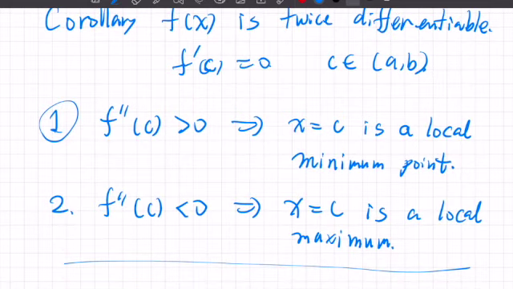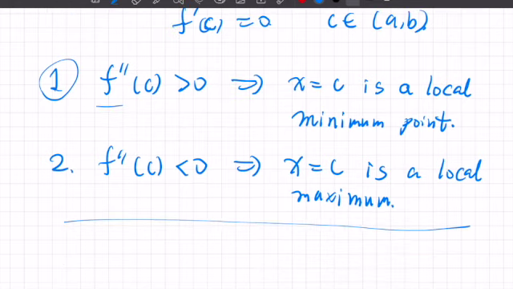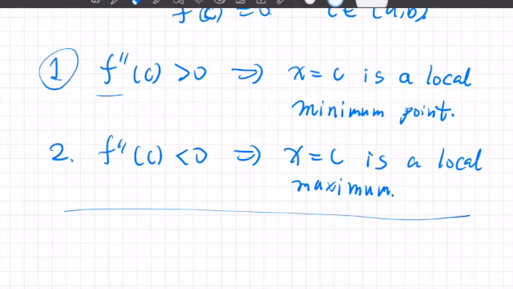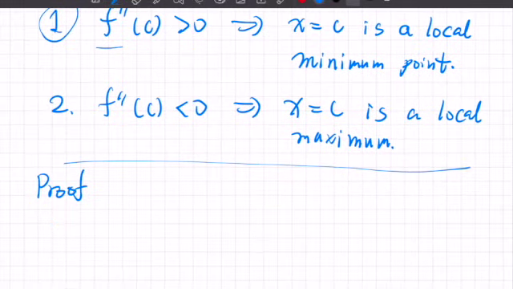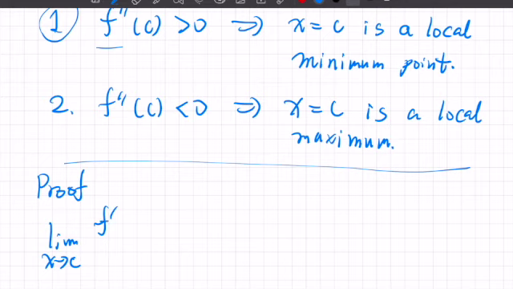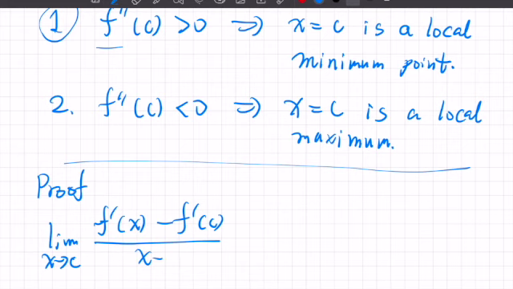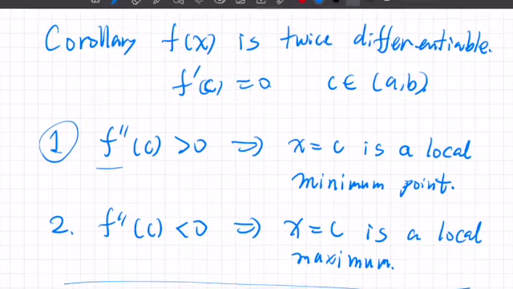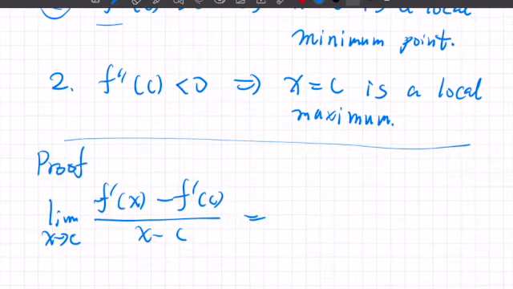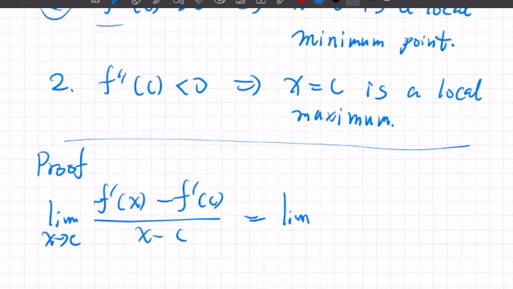First of all, let's apply the definition of differentiation to calculate f double prime at c. So that is this limit, x approaches c, of f prime of x minus f prime of c over x minus c. But by assumption, f prime of c is 0. So this is just f prime of x over x minus c.